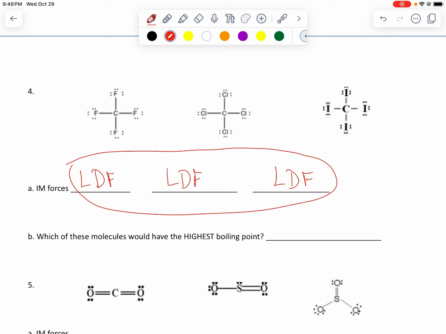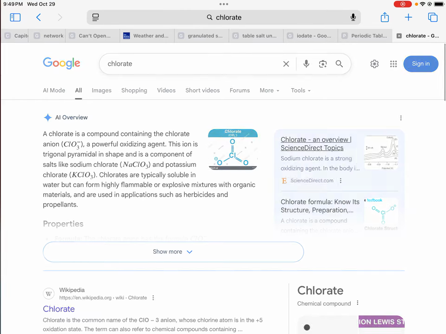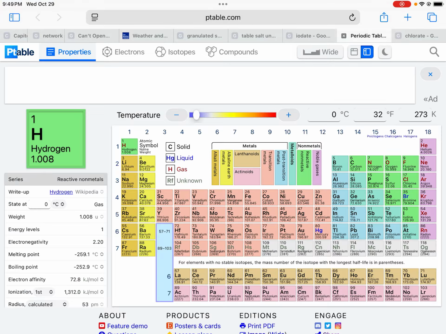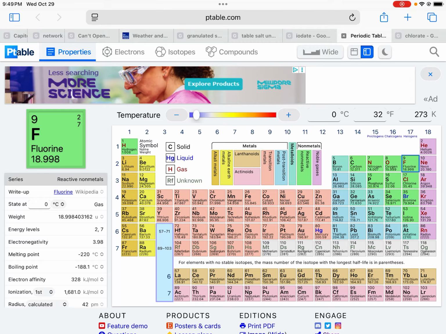How do we know? You look for which one is the largest atoms, which ones are the heaviest. And if you look at the mass on fluorine, fluorine's 19, chlorine is 35.5, and then iodine is 126.9.